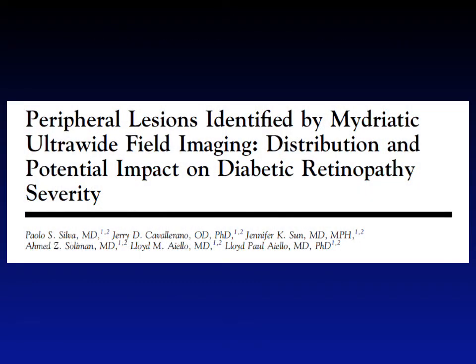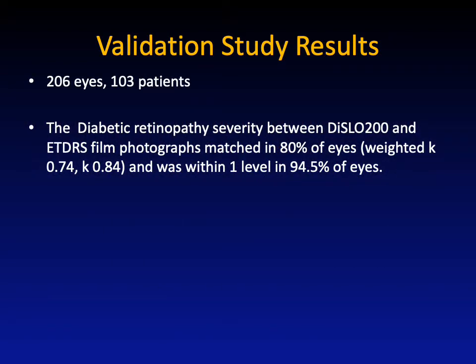So one of the earliest descriptions of the use of wide field imaging in determining diabetic retinopathy severity was a report by Silva et al. from the Beetham Eye Institute, where I currently work. And the study used 206 eyes of 103 patients, and the first question that they were asking was, compared to the standard ETDRS 7 fields acquired using the TopCon that everybody uses, are similar DR severity grades acquired?